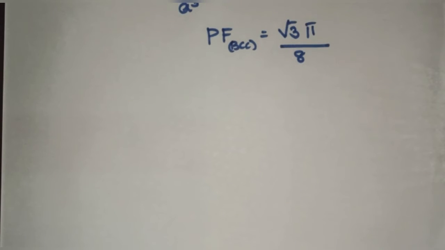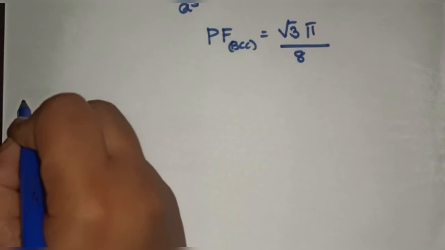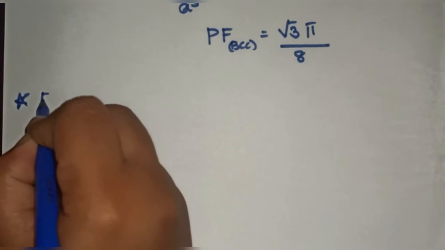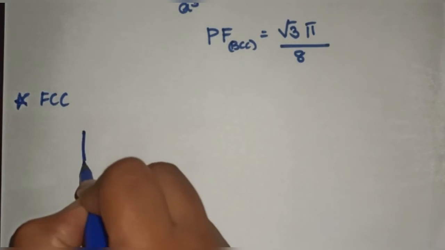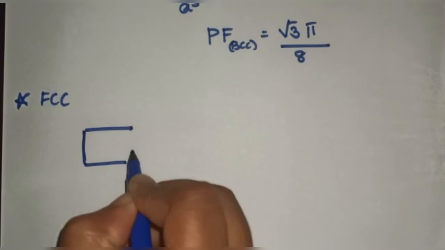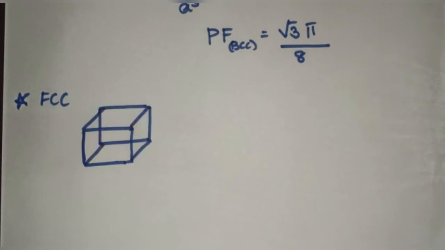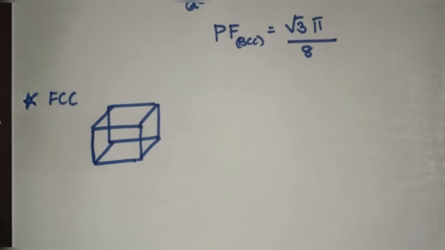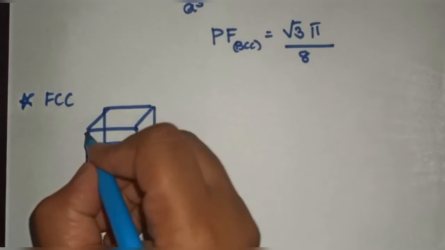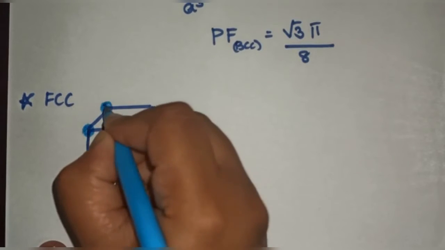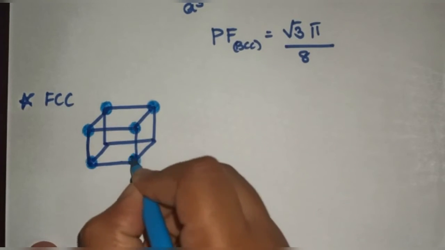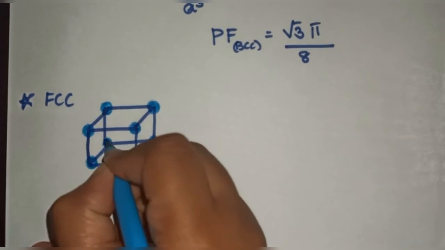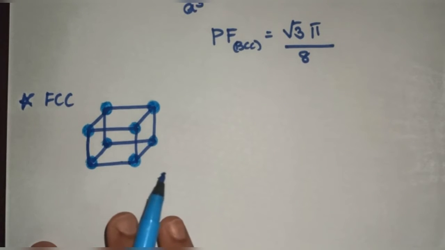Similarly, packing fraction for FCC will be, I'll draw the cube again. Now I'm going to put the atoms. The atoms in the corner are done.